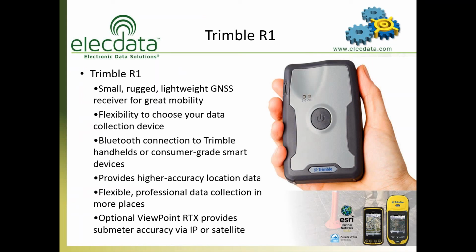So currently the R1 supports connection to an Apple iPhone, an iPad, a Samsung Android device, excuse me, a Windows mobile device, or a Windows computer. And you can use TerraFlex, Esri Collector, ArcPad, ArcGIS Mobile, TerraSync, and a lot of other third-party programs. So basically this product allows you to add 50 centimeters of accuracy, or 20 inches, to whatever device you want to use in the field to collect data with.